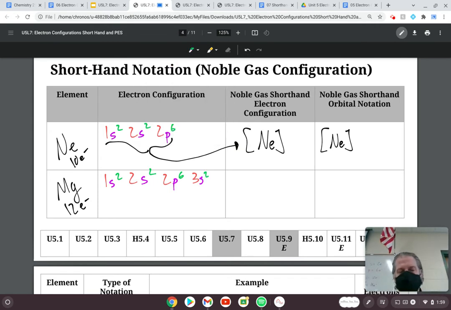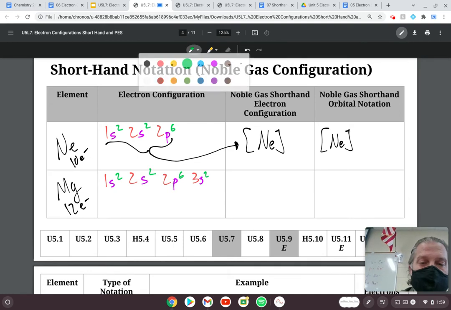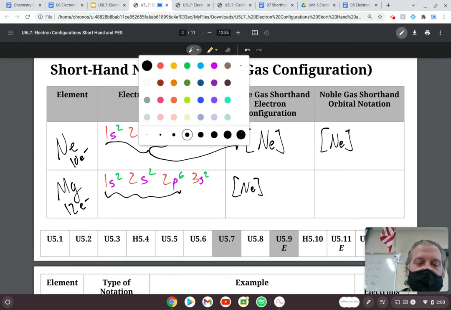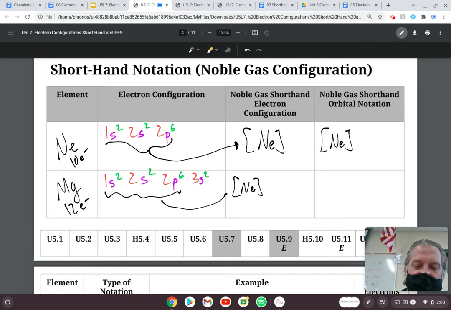Now, what I hope you can see in terms of things that are similar from neon, the noble gas, to magnesium, the not noble gas, is that the noble gas configuration is there. So if I wanted to write this a little bit shorter, I can say neon in a bracket, and that will represent this business right here.